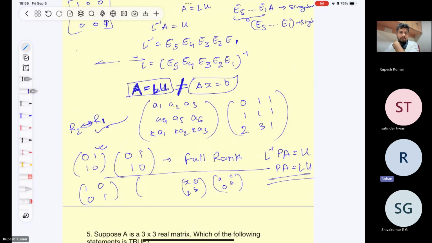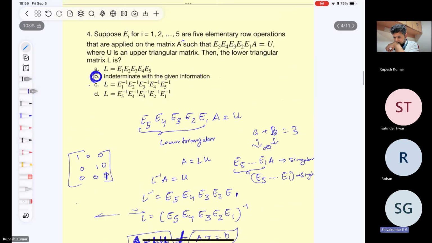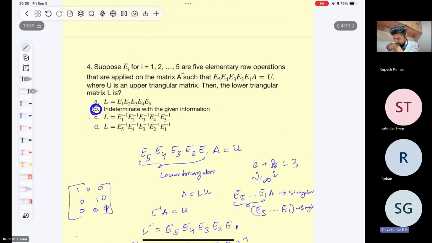The question you raised to us: on the right hand side, U is upper triangular. But the question is on the lower triangular matrix L, which is on the left hand side of A. That is the question.